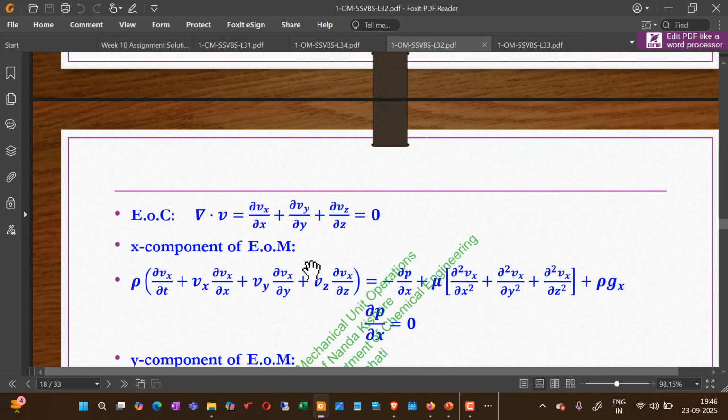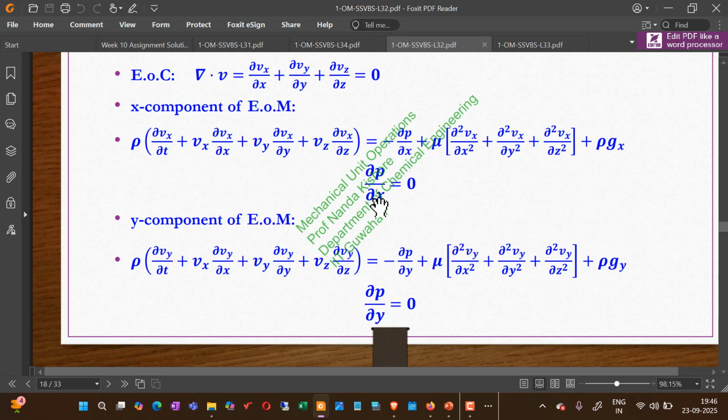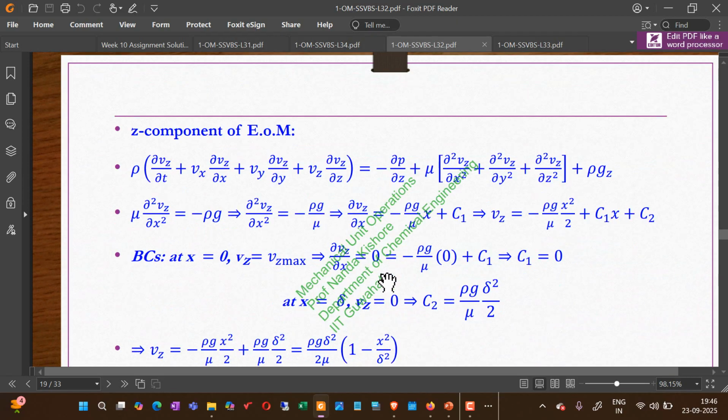So it will be satisfied. Using the equation of motion in the X direction, we will have that del P by del X is equal to 0, meaning P is not a function of X, and similarly the equation of motion in the Y direction will give that P is not a function of Y, right?